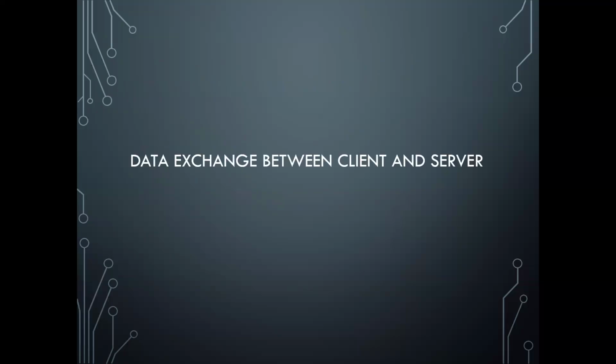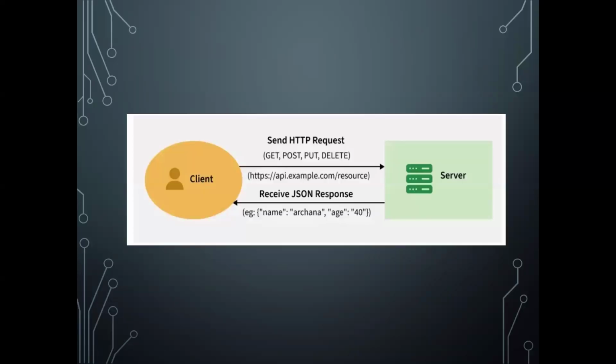Next one, let us understand data exchange between client and server. So here, this architecture describes a client server model. So here, client can send the request. So the request is forwarded using HTTP protocol. We can make use of any one of the methods, GET, POST, PUT, DELETE.